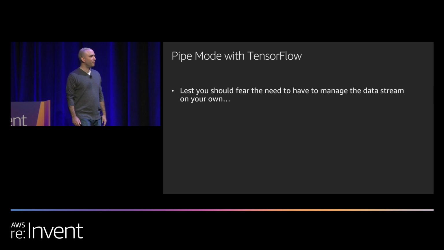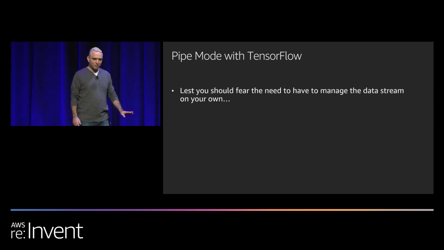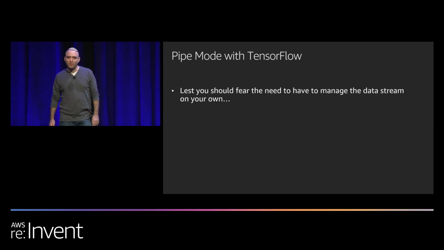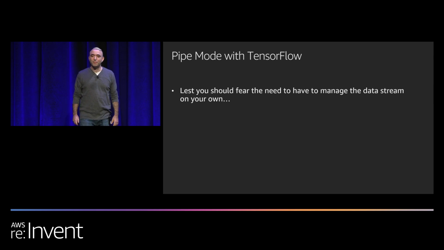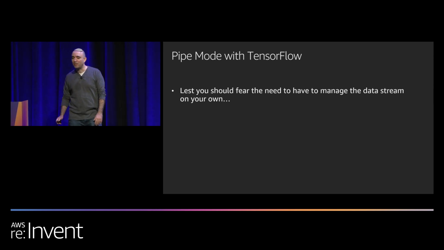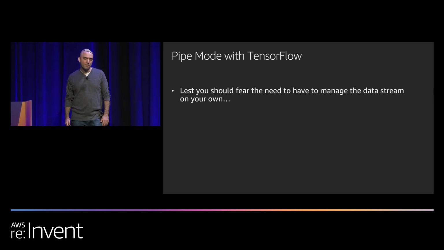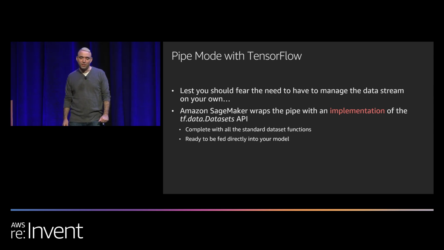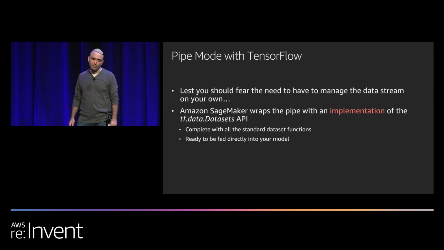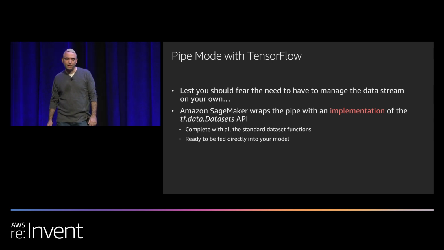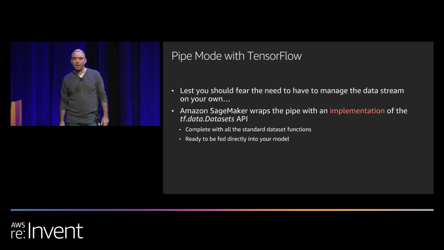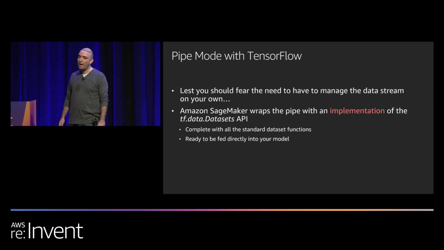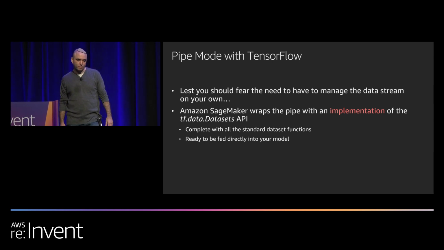Now, lest you should be wondering, how do I feed a pipe into my network? Do I really need to start managing Linux pipes? SageMaker comes to the rescue with a pipe mode implementation of the TensorFlow dataset interface. TensorFlow dataset is an abstract API that represents an input pipeline of a DNN.